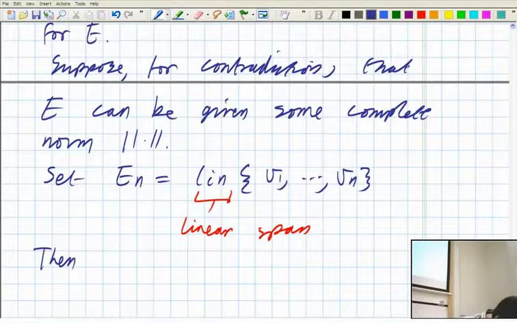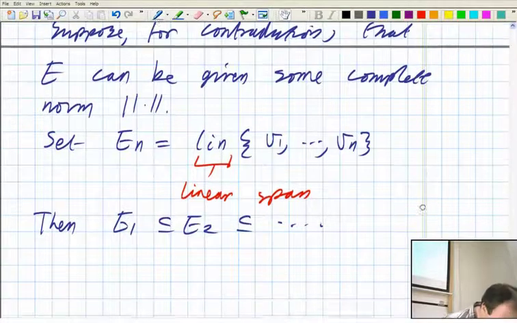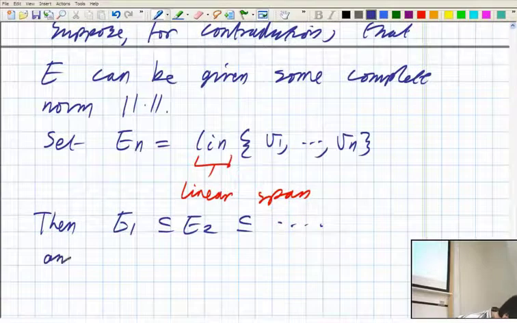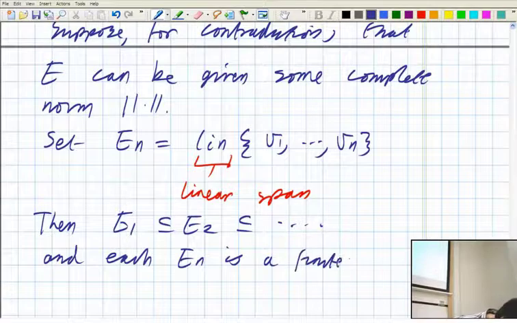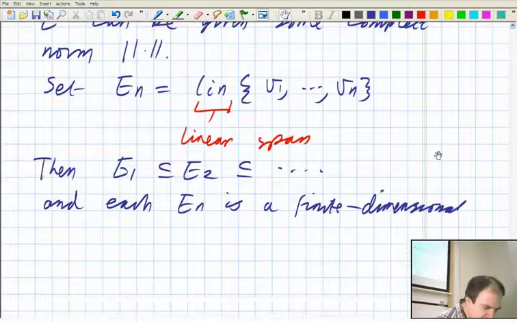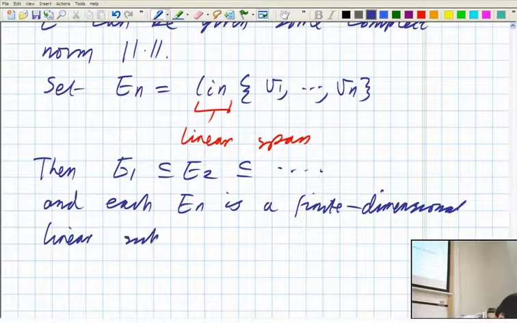Then, of course, E1 is a subset of E2, is a subset of whatever. And each En is a finite dimensional linear subspace of E.